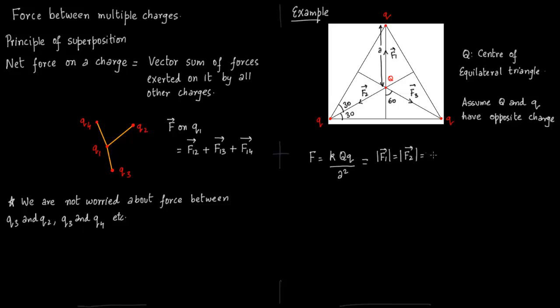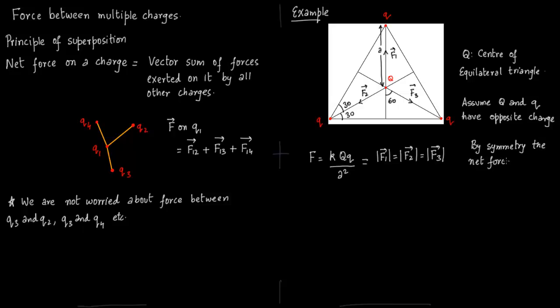Now since capital Q lies at the center of the equilateral triangle, all three forces acting on it are equal. So just by symmetry you can say all these three forces acting on point Q are equal and they are equally spaced. That is, the angle between F1 and F3 is 120 degrees, the angle between F1 and F2 is 120 degrees, and the angle between F2 and F3 is 120 degrees.